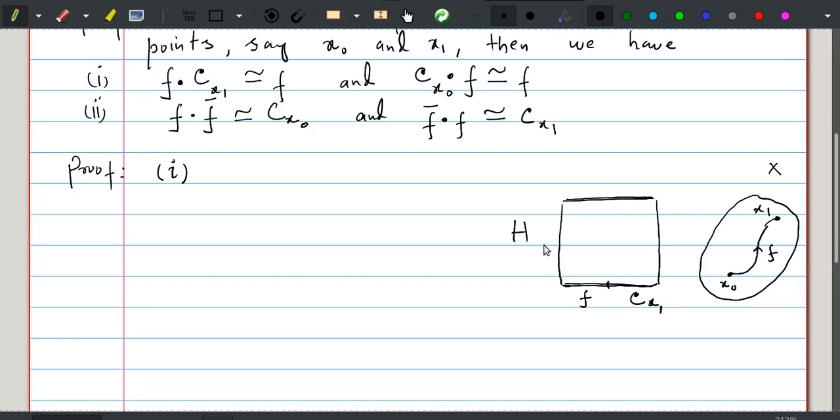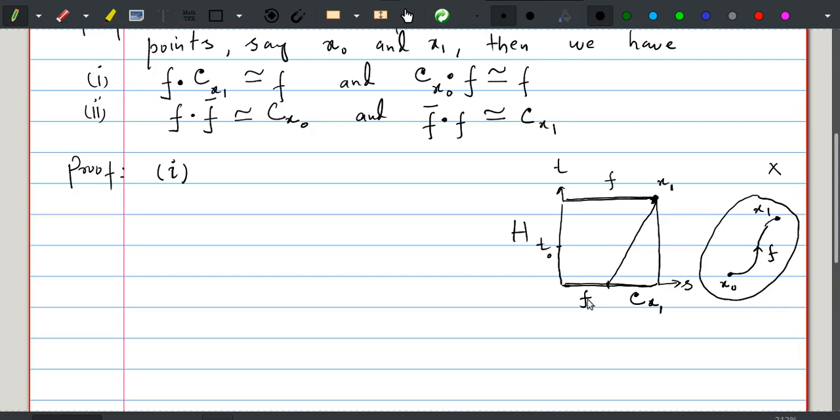Suppose this is the s direction and this is the t direction. So at time t naught, this whole path is mapped to this. This is point x0 here, x1 here, that is the same as c sub x1.